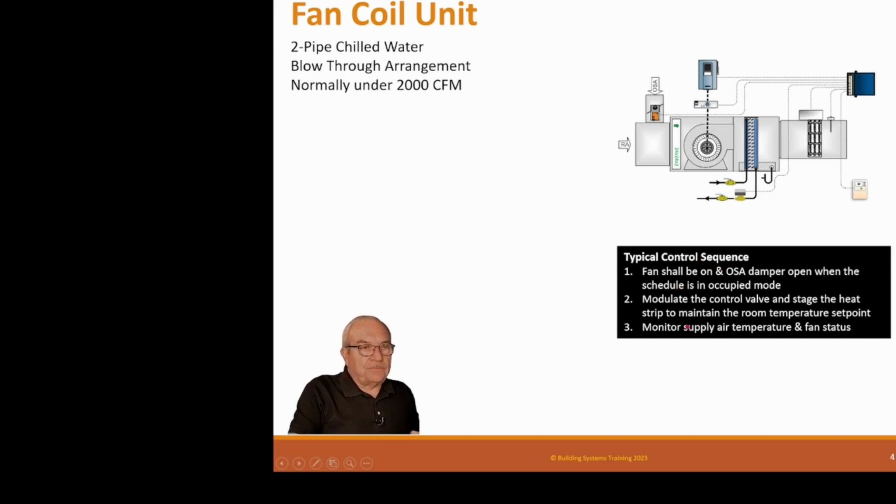Now, these sequences I'm showing you here are simple sequences. These are not to be construed as a programmer sequence. And these are normally the sequences you would see on the drawing from the design engineer. He's trying to tell you what he wants it to do, not exactly how he's going to get it to do that. So that's the programmer's job. When you take the control system module, when we go over programming sequences, they'll be much more detailed.